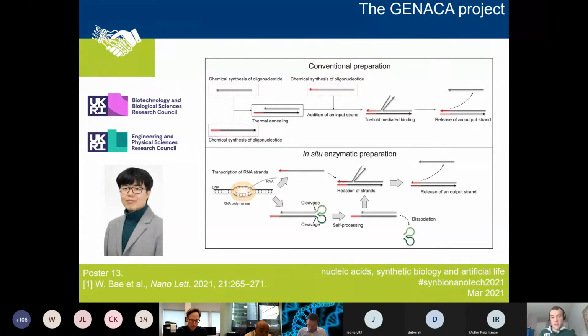I won't go into that in any more detail, but that is the topic of Woolly's poster, which is poster number 13. So we proposed that, and we said, okay, let's try and build that, and we have indeed been able to build something like that.